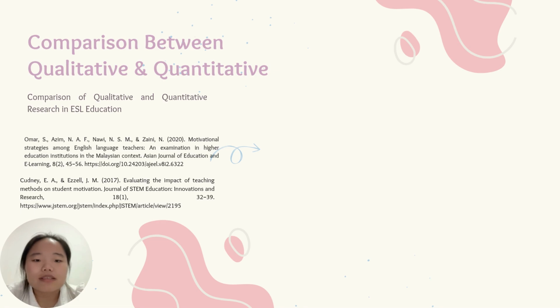More importantly, sampling. Omer's study focused on a small, purposefully selected group of experienced teachers, while Kuttner and Azo surveyed an entire class of students to achieve a broader sample. Finally, the findings.